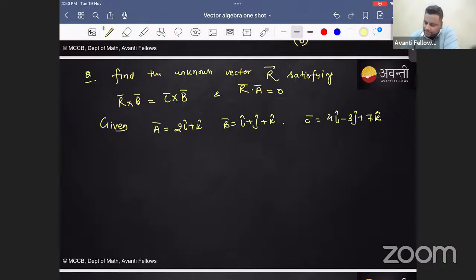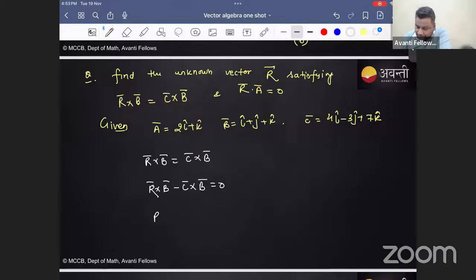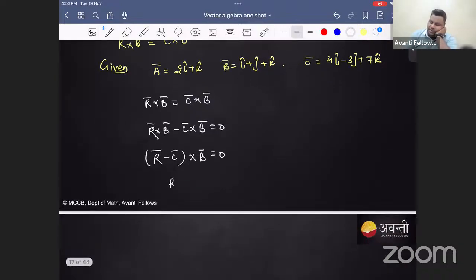See, they are saying R cross B is C cross B. That means R cross B minus C cross B is 0. That means R minus C cross B is 0. So if R minus C cross B is 0, that means R minus C and B are parallel to each other.